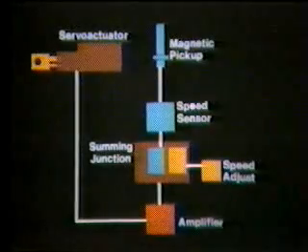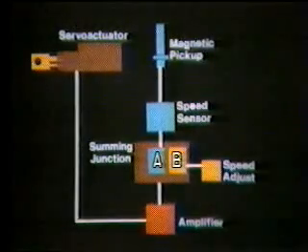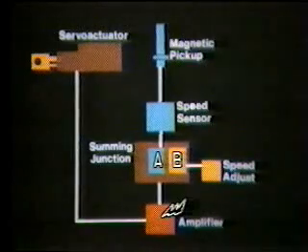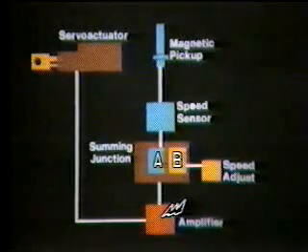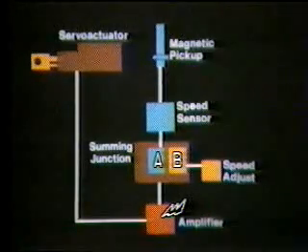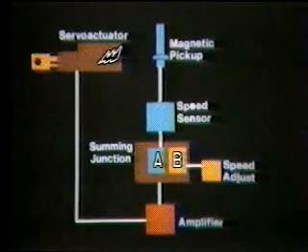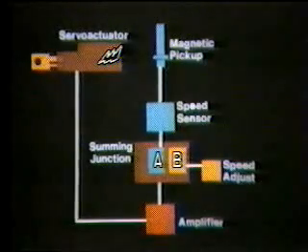At the summing junction, the two signals are compared. If there is a difference, an error signal is sent to the amplifier. The amplifier will then send a signal to the servo actuator to increase or decrease the fuel flow to the engine.